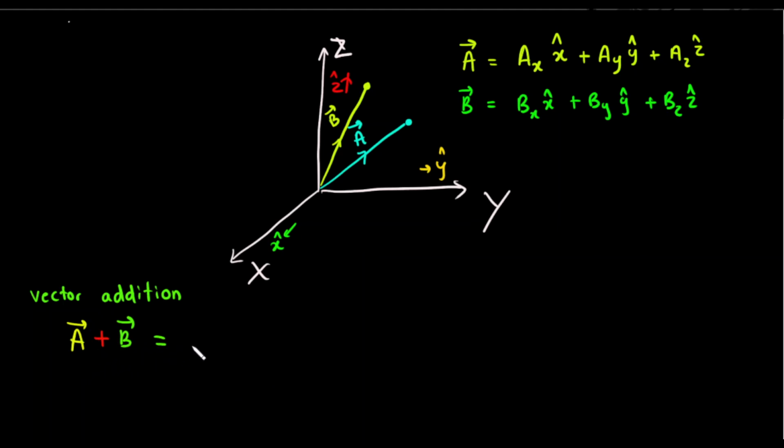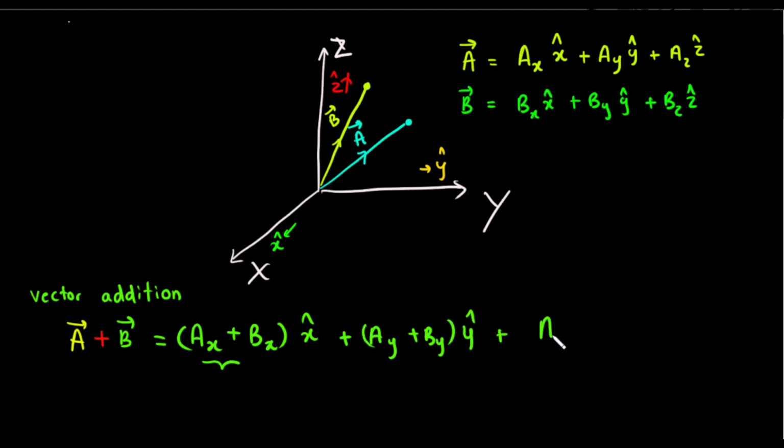The component along the x hat direction is ax plus bx, likewise ay plus by is the component along the y hat direction, and in the z hat direction, az plus bz is the vector component.